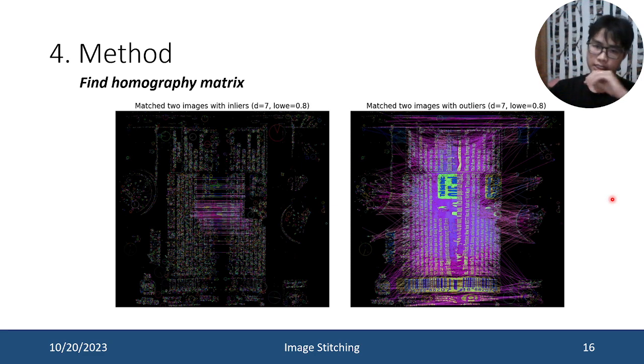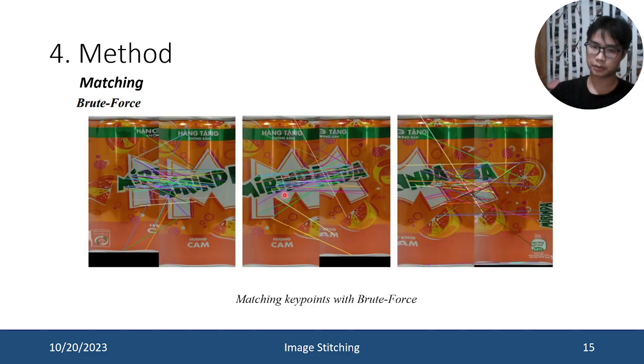So, as you can see in this figure, I will talk about a problem in the previous figure. There are a lot of matching lines and non-matching lines, but the matching is very messy.